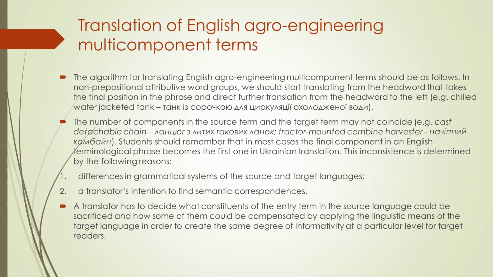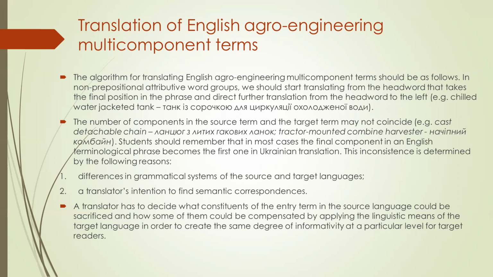Students should remember that in most cases, the final component in an English terminological phrase becomes the first one in Ukrainian translation. This inconsistency is determined by the following reasons: differences in grammatical systems of the source and target languages, and the translator's intention to find semantic correspondences.